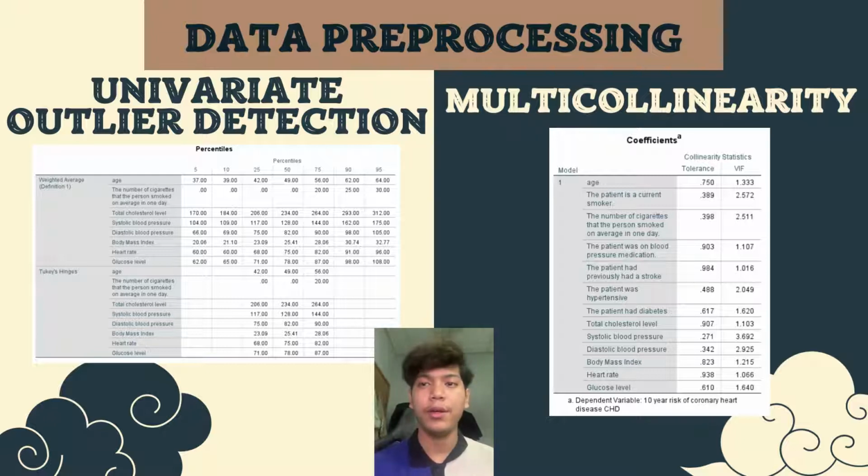And for multicollinearity, we detect there is no multicollinearity since the tolerance is not less than 0.2, and the variance inflation factor, VIF, does not exceed 10. Therefore, we can see there is no multicollinearity.